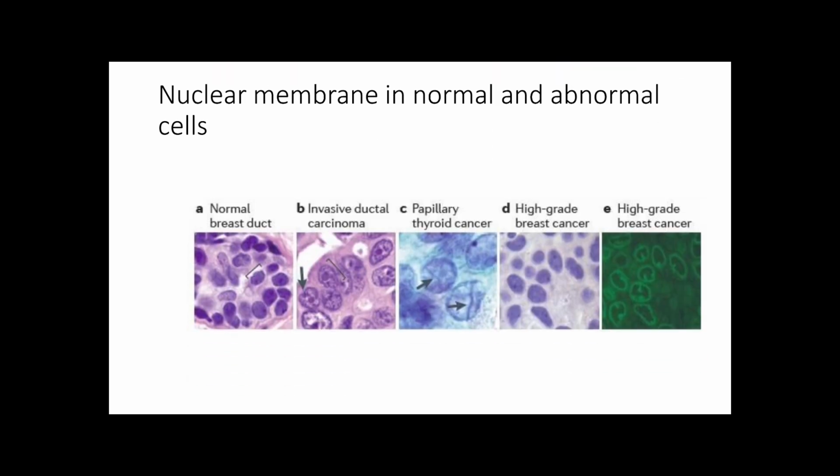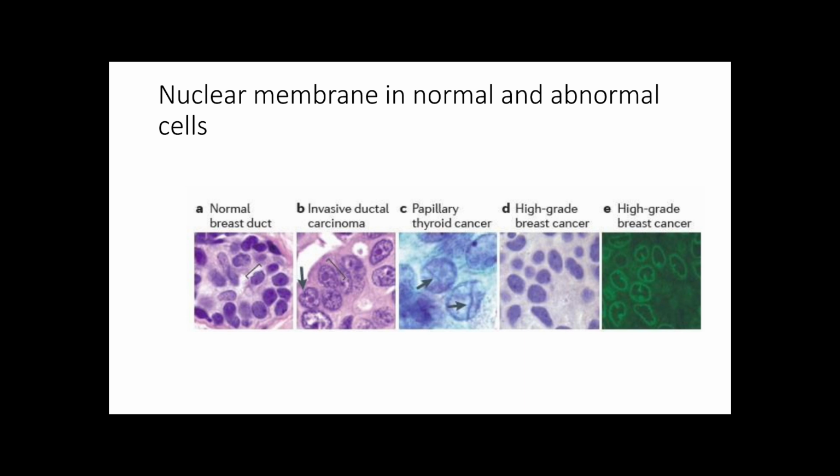So, the nuclear membrane in normal and abnormal cells. Here, the first figure shows normal cells, but in the other pictures you can see more changes in the nuclear membrane. It varies. In the last picture, high grade breast cancer, you can see the shape of the membrane is folded inside in some places.